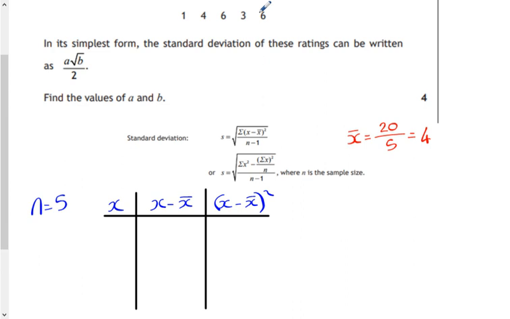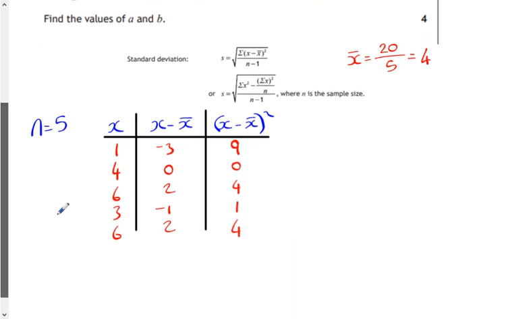X bar is the sum of these divided by the number of them. So what we get then is 1, 4, 6, 3, 6. X minus x bar is negative 3, 0, 2, negative 1, 2. And x minus x bar squared gives us 9, 0, 4, 1, 4.